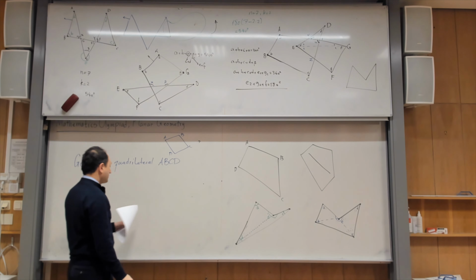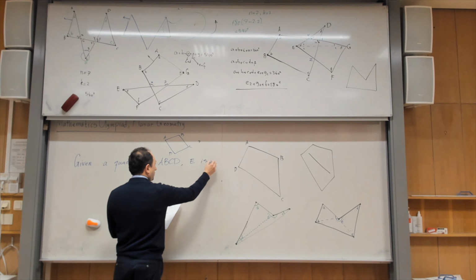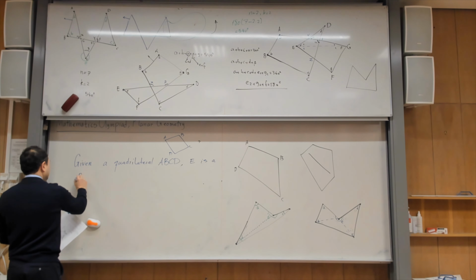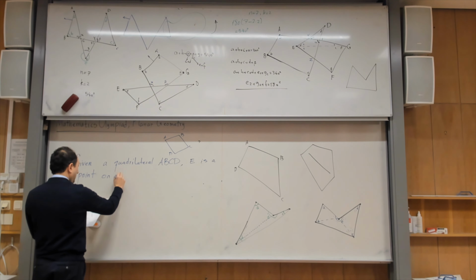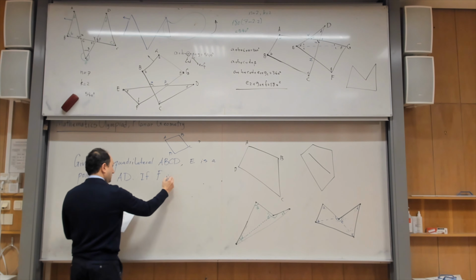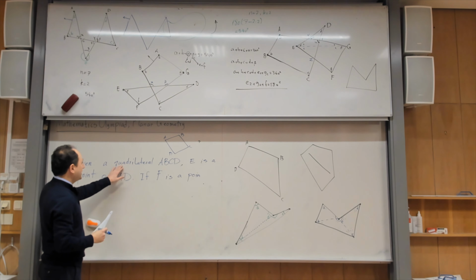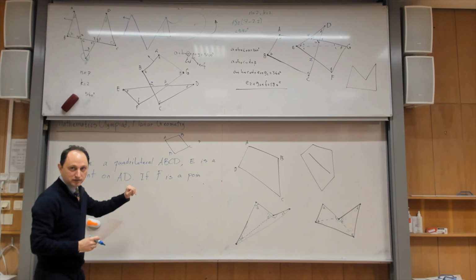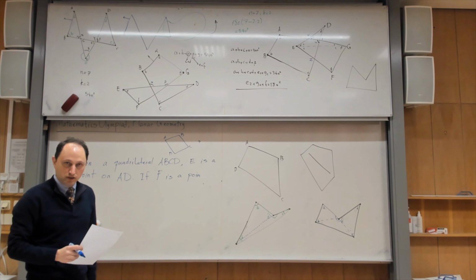So given a quadrilateral ABCD, E is a point on AD. If F is a point, by the way, from now on, when I don't say which type of quadrilateral, I always mean convex by default. That's also standard. If they want to say non-convex, they have to mention it.